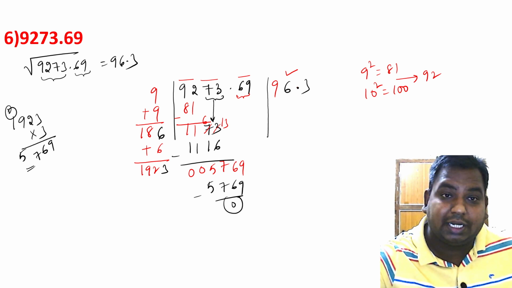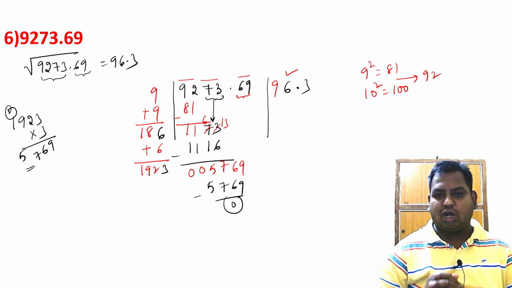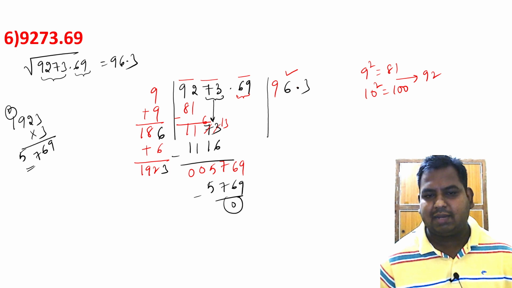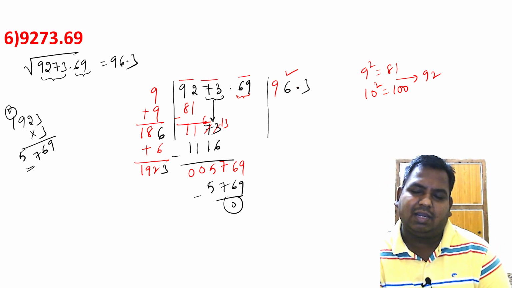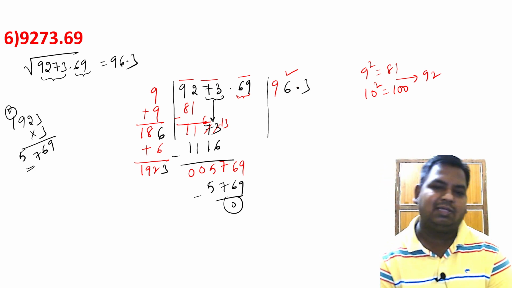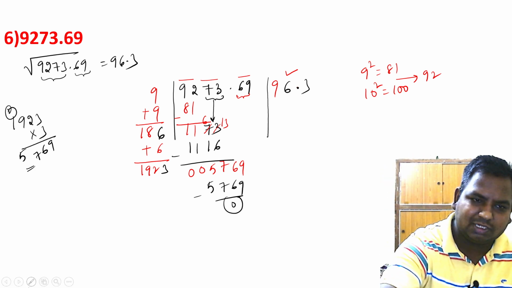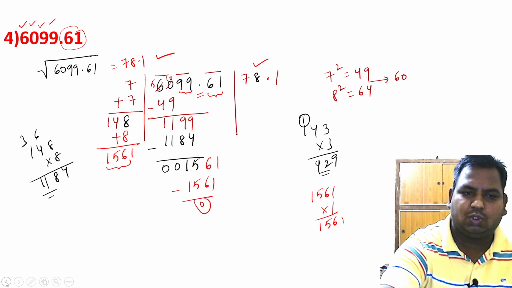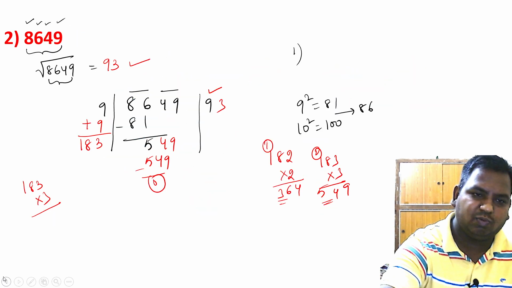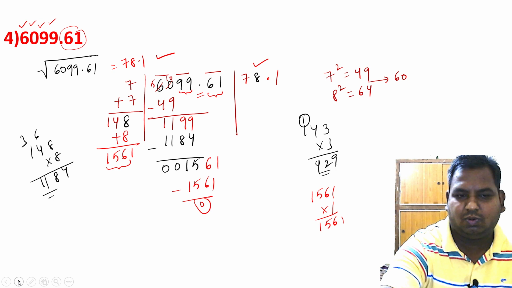Now you may get one doubt. Sir, what should we do if we don't get remainder 0? In all the problems, right from the first problem to this problem, we got remainder 0. So what should we do if we don't get remainder 0?